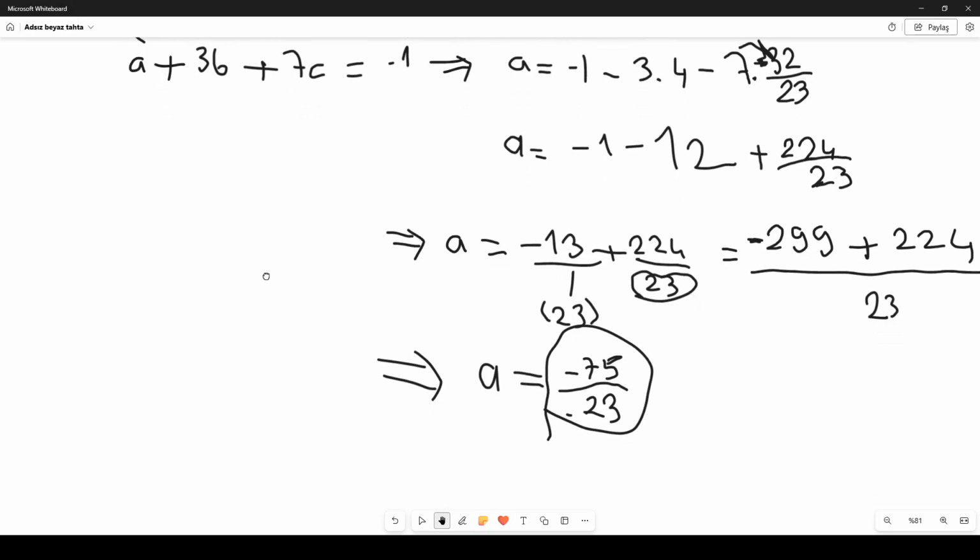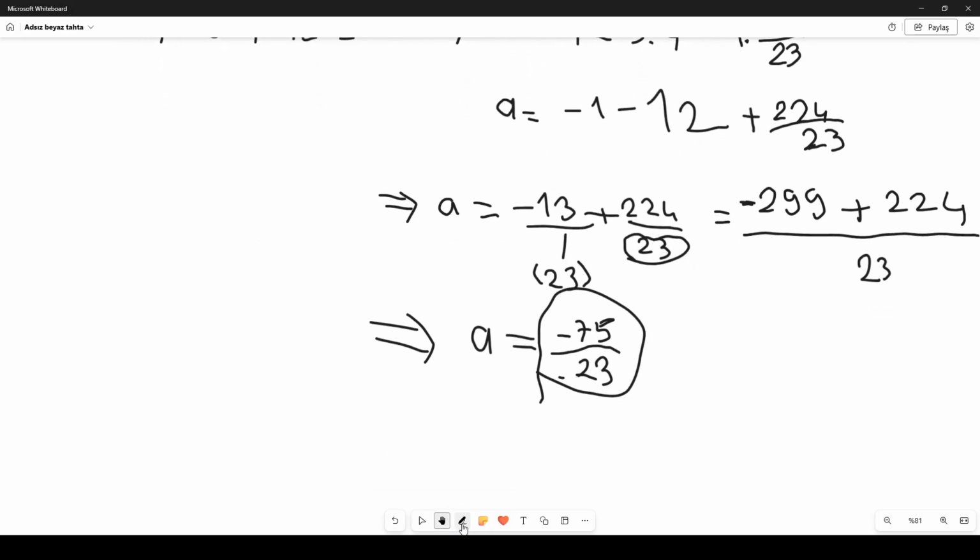And this is the end of our solution. We were looking for an ABC 3-tuple, and here is the solution, guys. A is equal to minus 75 over 23, right? This is what we found.